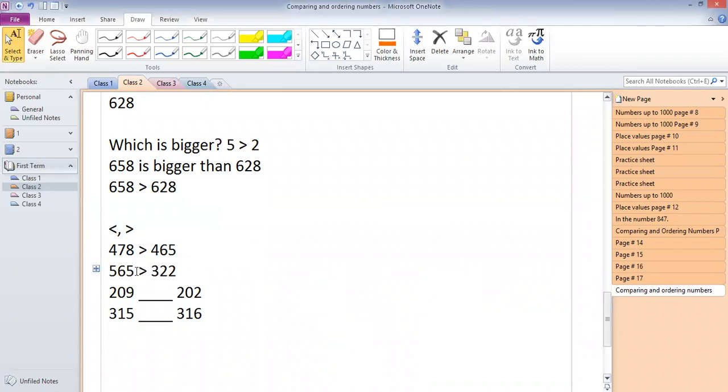So 565 is greater than 322. This is the sign. Here, 209 and 202. Compare the hundreds, 2 and 2, they are the same. Then compare the tens, 0 and 0, they are also the same. So now you have to compare the ones, 9 and 2. 9 is bigger than 2, 9 is greater than 2. So open the mouth of this sign in front of 209.